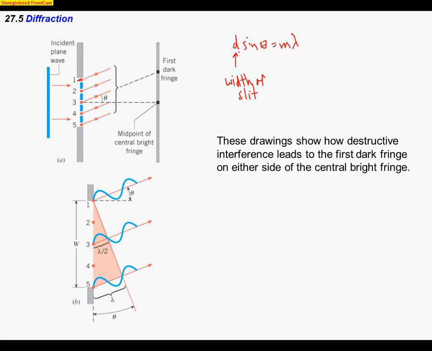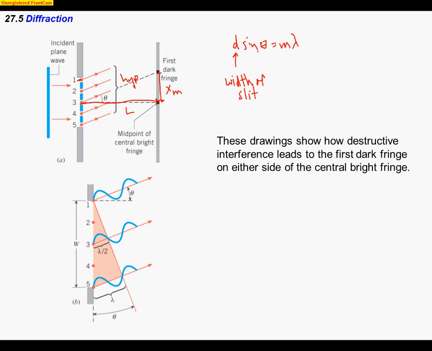So if this distance here, we'll call this L again, just like we did before, the distance from the slit to the screen, is much, much larger than this distance, which we called xm before, then we can say the hypotenuse here is approximately the same thing as this L. So that happens if this xm, or the distance between the center and the first dark fringe, is much smaller than the distance from the slit to the screen.